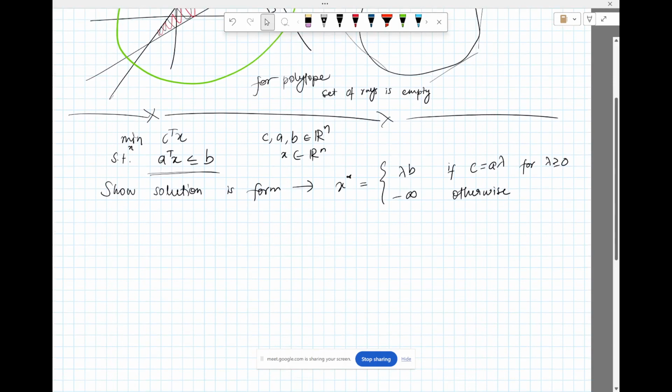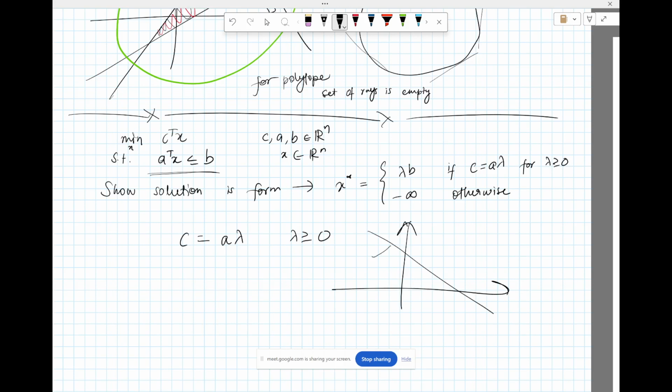If c is equal to a lambda and lambda is greater than or equal to 0, that means, let's say a transpose x less than or equal to b is this line, then c transpose x will be a line parallel to this, depending on c.